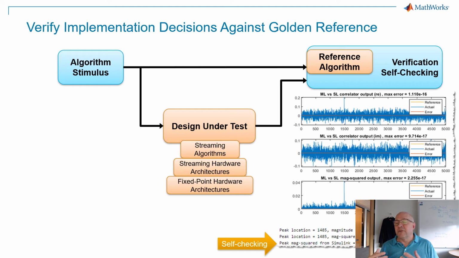This is a very useful way to set up this kind of simulation, because then it can be done in batch just as easily as interactively. And clearly, if you're going to go to production, you're going to want to be able to run verification checks in batch. So this is a great way to test each of these refinements along the way, not necessarily waiting until the very end, but checking each point along the way.